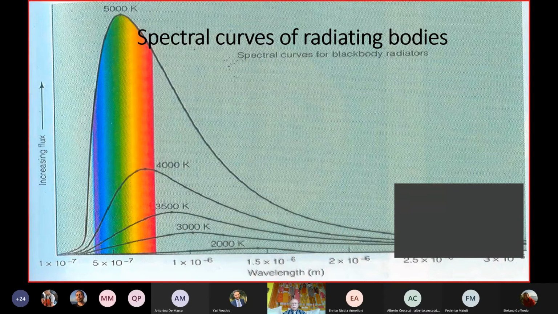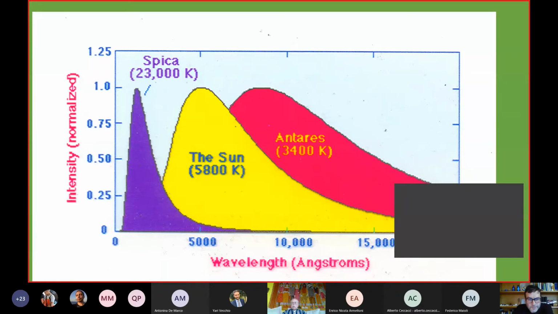And you can see that with the temperature, the total area under the curve increases massively because, as I told you before, it depends on the fourth degree of the temperature. And on the Y scale is, of course, the spectral units.